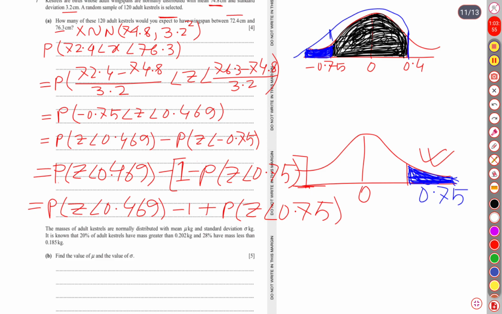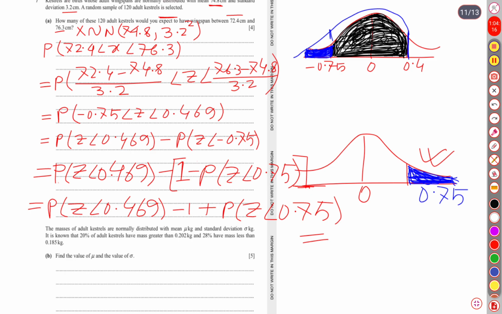Now using our normal distribution table, we are going to find our final probability. So let us see how much is the corresponding probability when z score is 0.469.